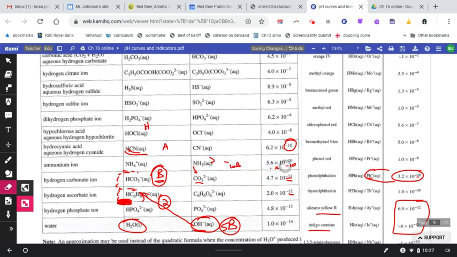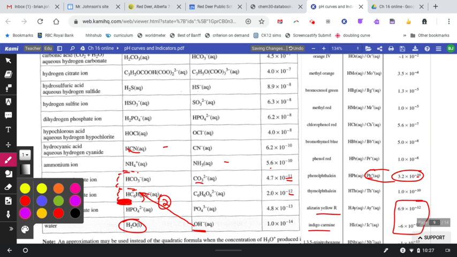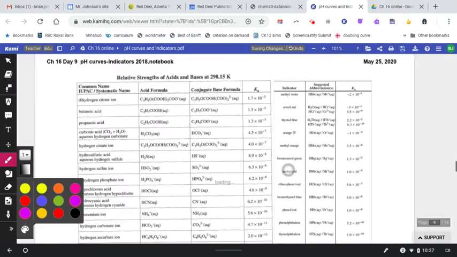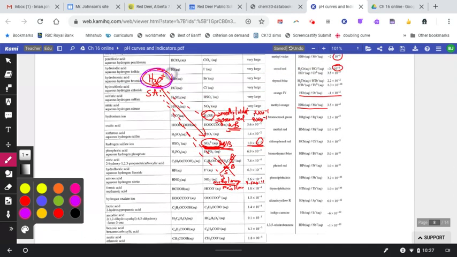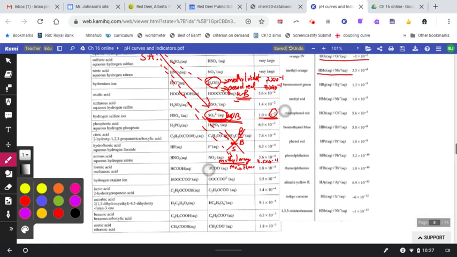HSO3 minus or Ph minus. Okay, so we're using our strong base, so we'll keep that guy. Let's switch colors. So, we're titrating with strong acid. Go up to our strong acid. So H3O plus, and we have HSO3 minus.